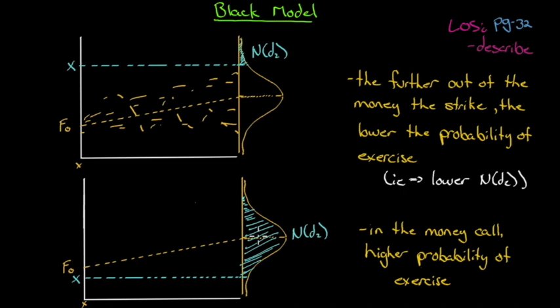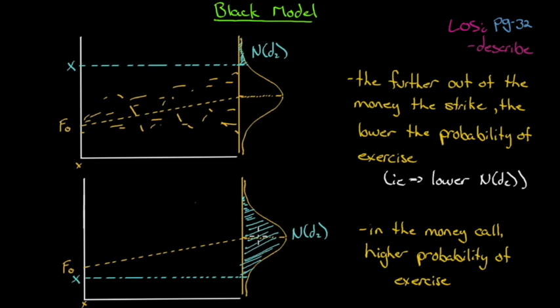Think of a stock at $20 and you bought a call option on that stock with a strike price of 0. In essence, you've bought the stock. So what's the probability that the stock will finish above the strike price of 0? It's 100%. N(d2) would be 100%. N(d1) would also be 100%.